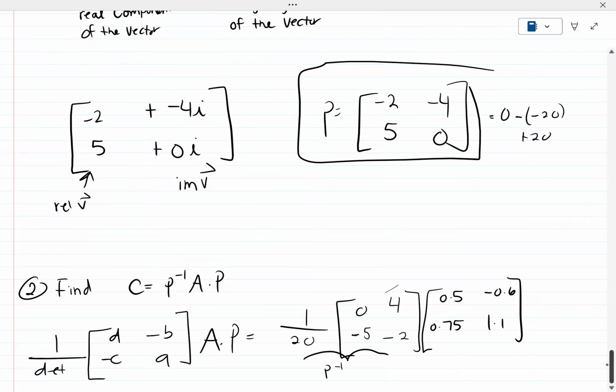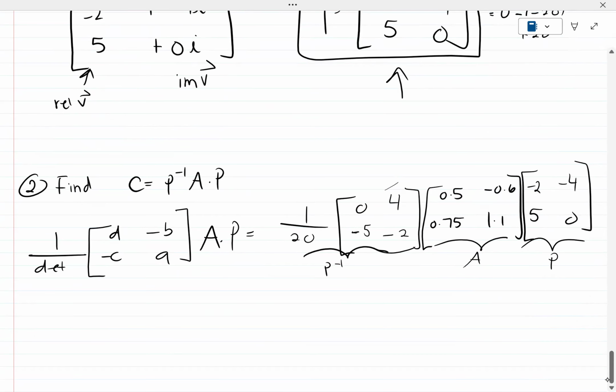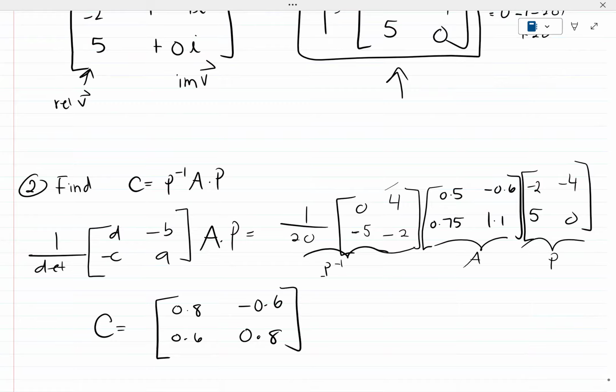And my P was this one: negative 2, 5, negative 4, 0. So this is P inverse, this is A, and this is P. You could just put that in the calculator and you get your C. So your C is going to be this final answer: 0.8, 0.6, negative 0.6, 0.8. Okay, that is your final answer.